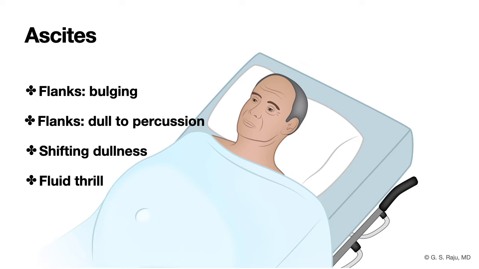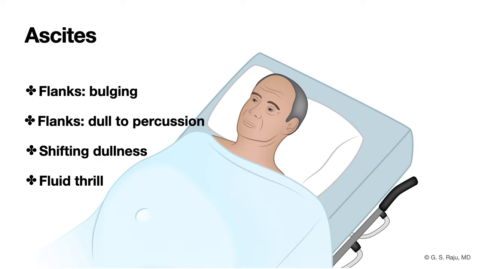So these are all the signs of fluid in the abdomen, and you can elicit these signs when there is a moderate amount of fluid or large amounts of fluid. Mild ascites may not be clinically detected and requires the help of an ultrasound to check for fluid in the gutters.